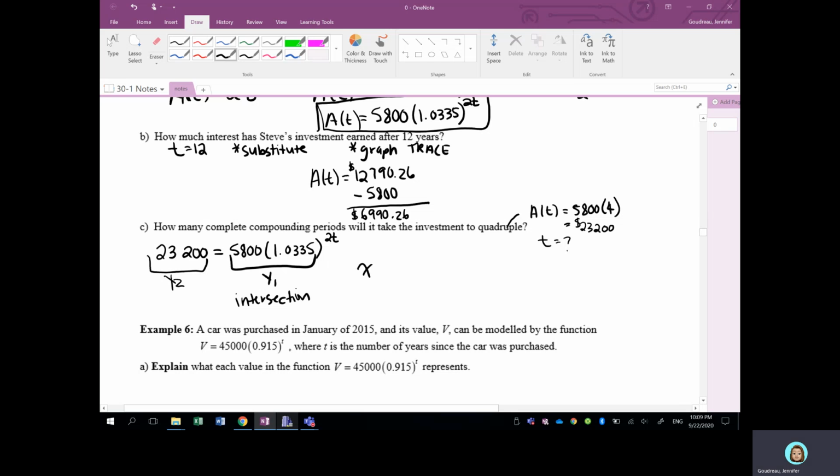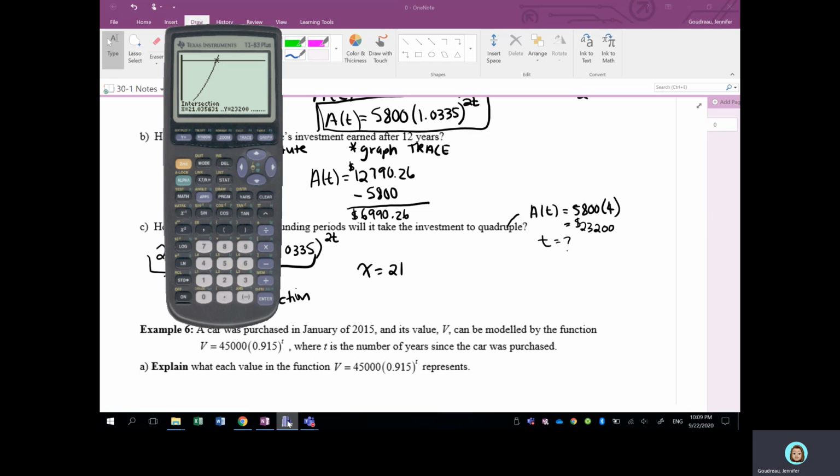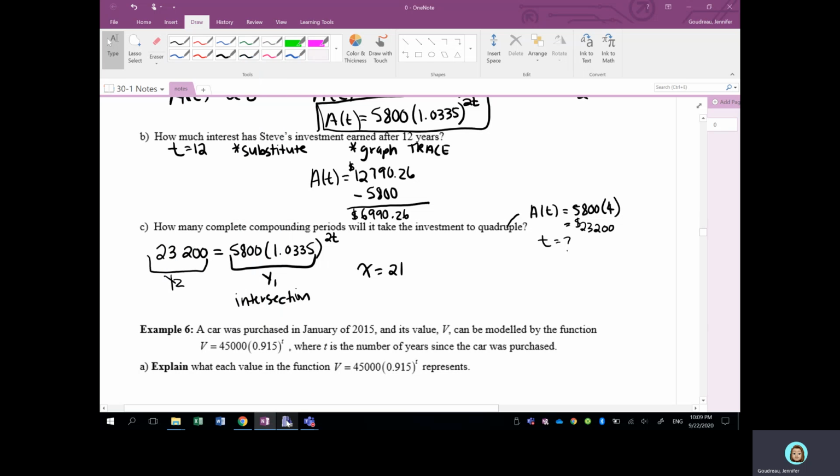And we found that x was equal to 21. Now, we need to be careful. X is representing here, or t, I guess, maybe we should put t. T is equal to 21. T is representing years. So this is saying 21 years to reach the quadruple.